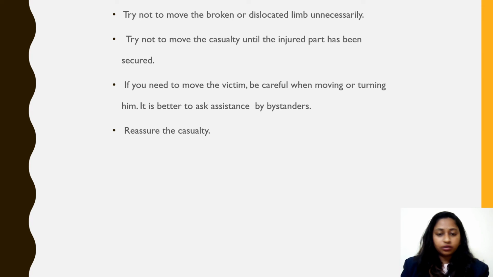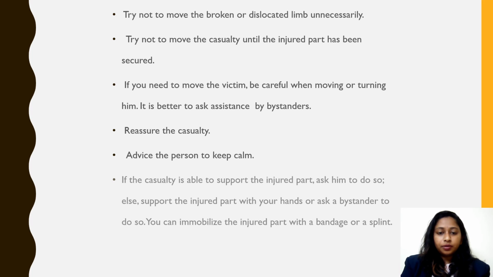Make sure they know what you are doing and that you have their full confidence, which you have already gained. Next, advise the person to stay very calm, because unnecessary movement can also worsen the condition. So make sure you are telling all the pointers correctly to the person.